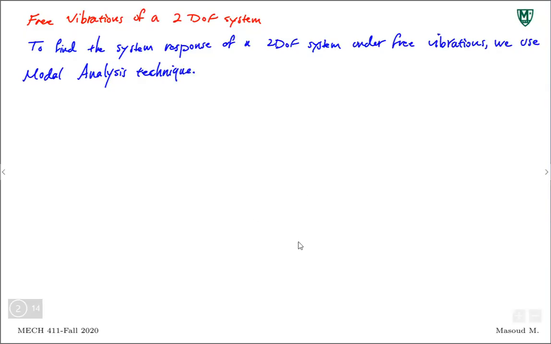So we have to discuss what that technique is, or what is modal analysis.